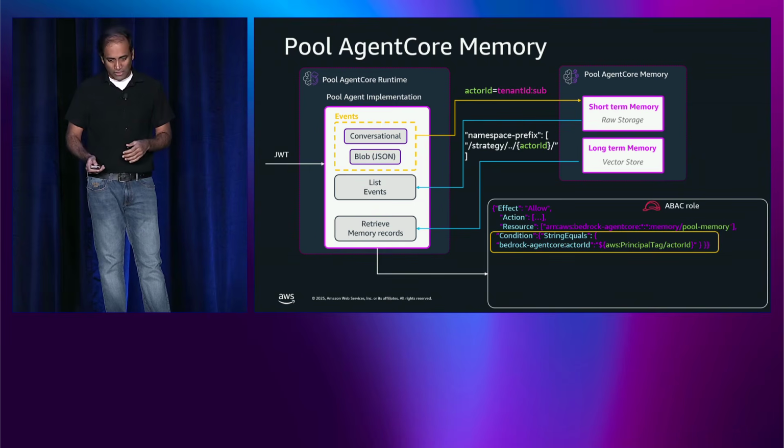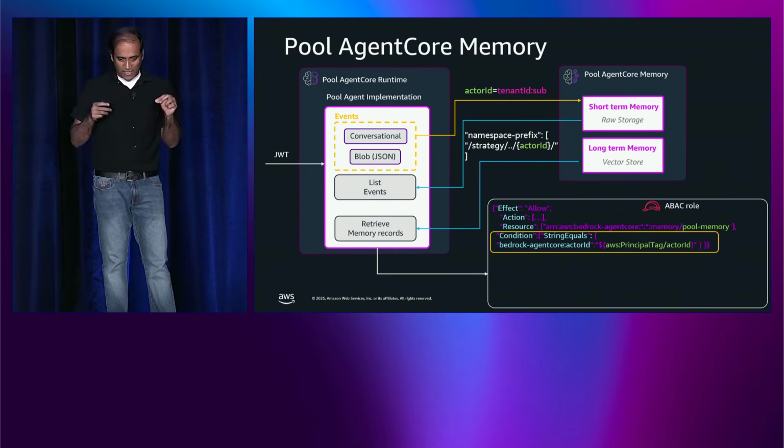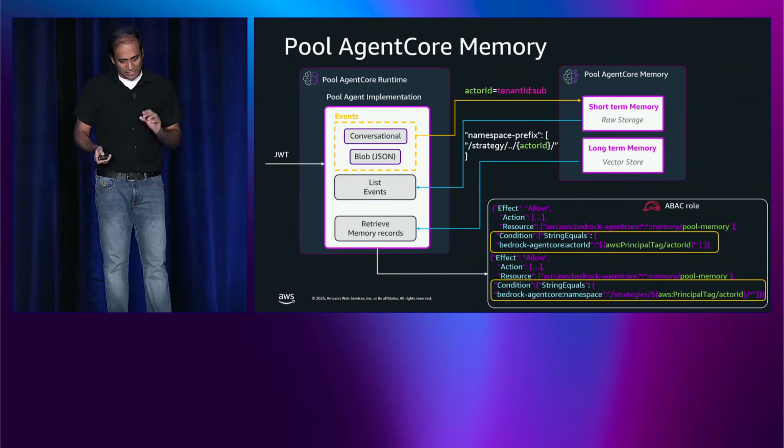In the highlighted area, I'm putting a condition saying: give access to the contents in this memory only for this actor ID. Similarly, for the long-term memory, you could have another IAM policy with a condition giving access only to that particular namespace.